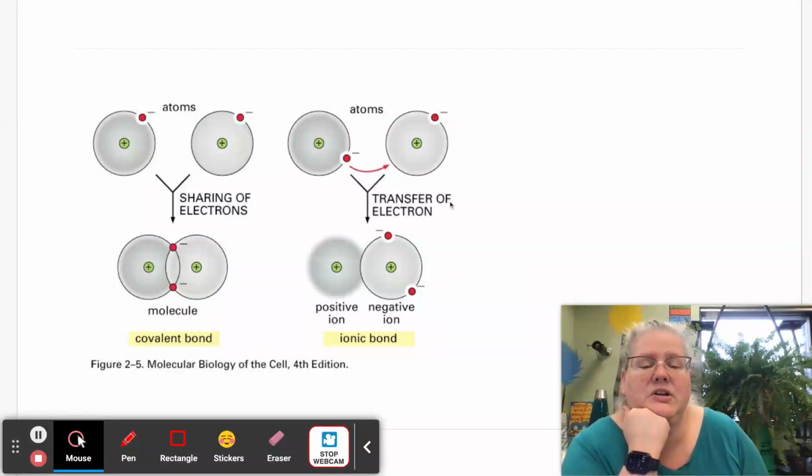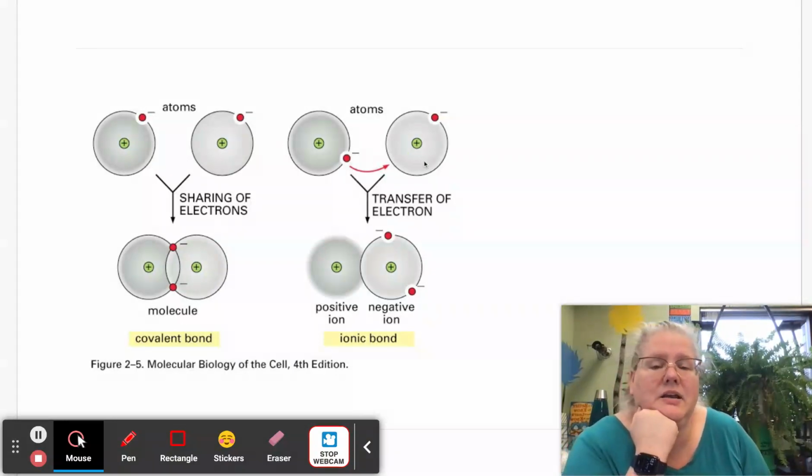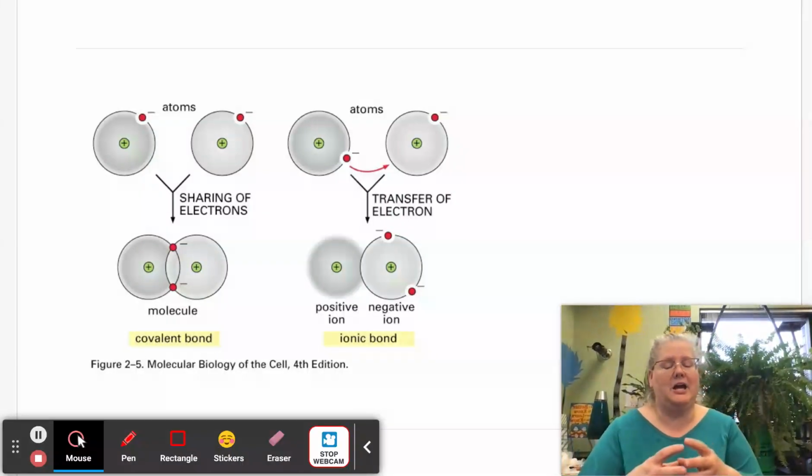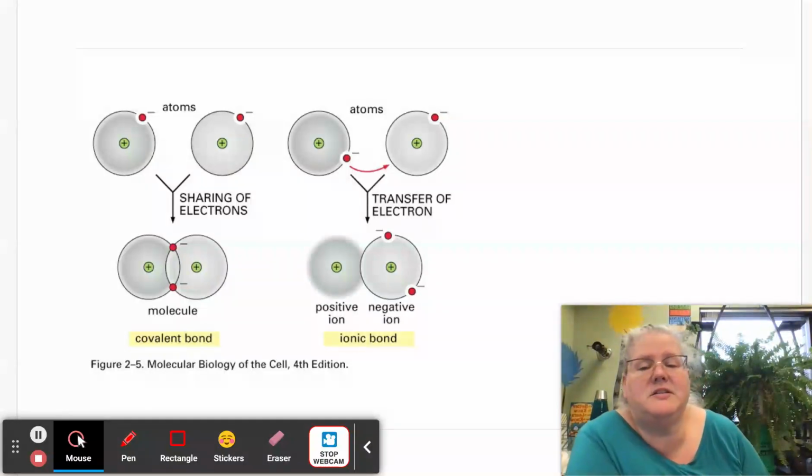This has electron transfer. It's giving away electrons. This one's taking in electrons. Therefore, we have an ion that forms. The actual individual atom, in this case, gets a charge, either positive or negative, and opposites attract. Your positive ion is attracted to your negative ion, and we get an ionic bond.